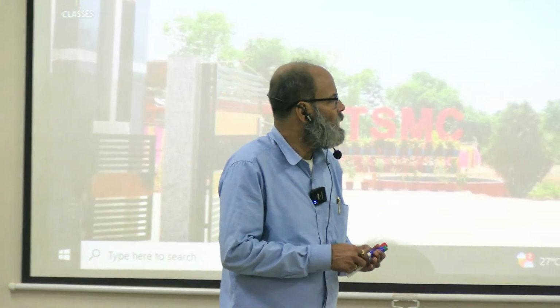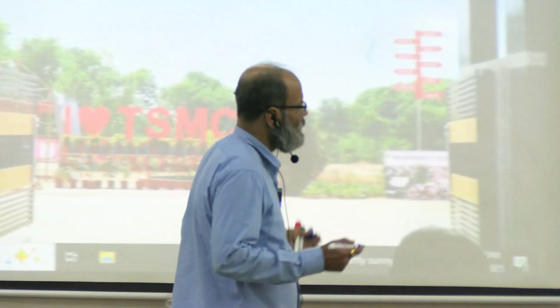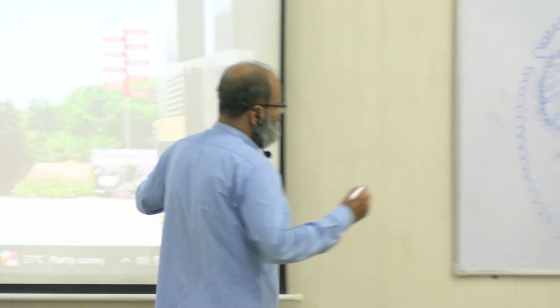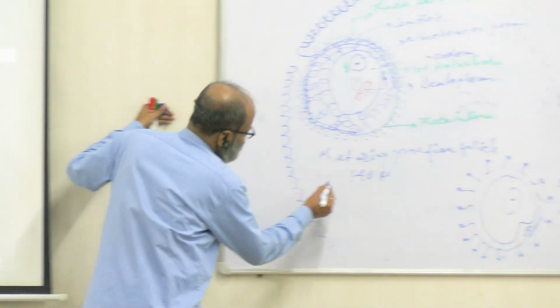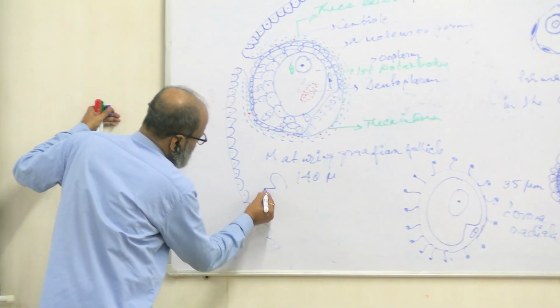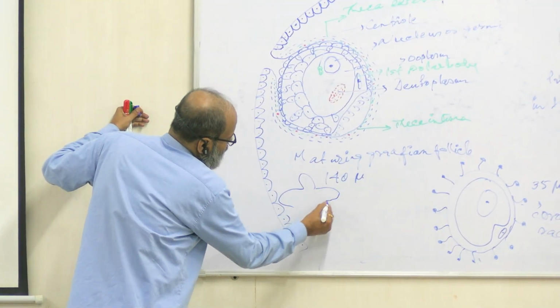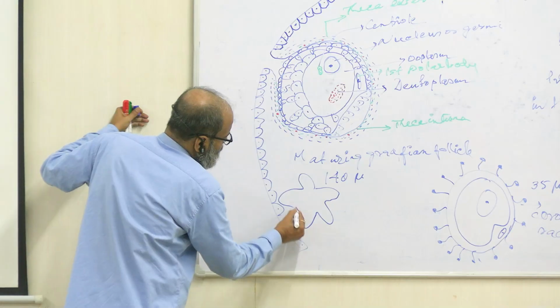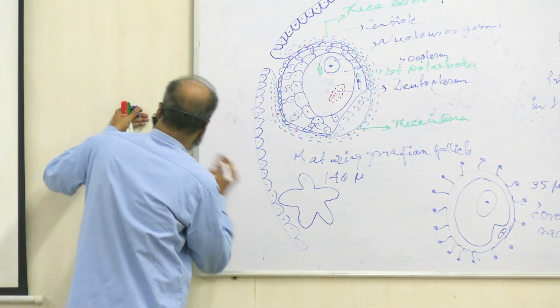So after the rupture of this Graafian follicle, there will remain a remnant, a constricted Graafian follicle with a central blood clot.